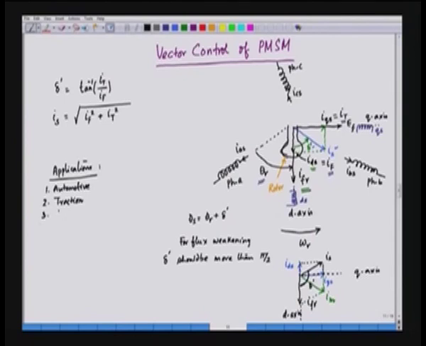And then in high performance application, in the medium power range, we can go from something like 10 kilowatt to about 500 kilowatt without much problem.